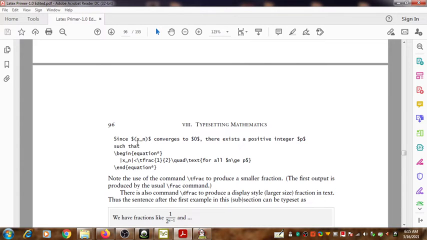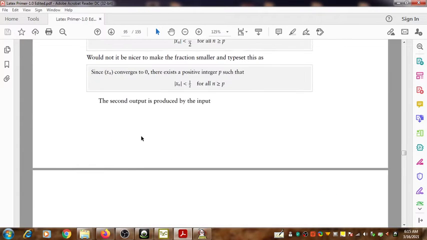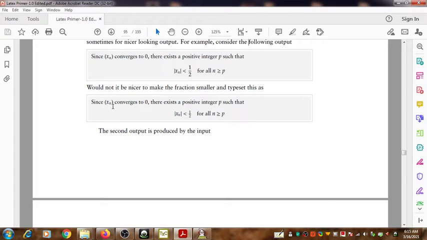Since this is a mathematical environment, you can see this xn converges to 0, and there exists a positive integer p, and that's also in the mathematical environment.